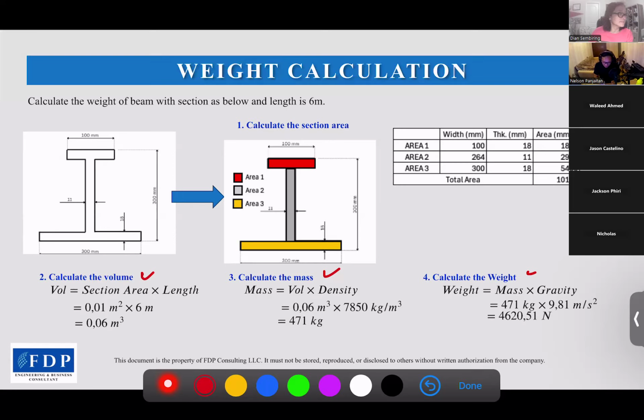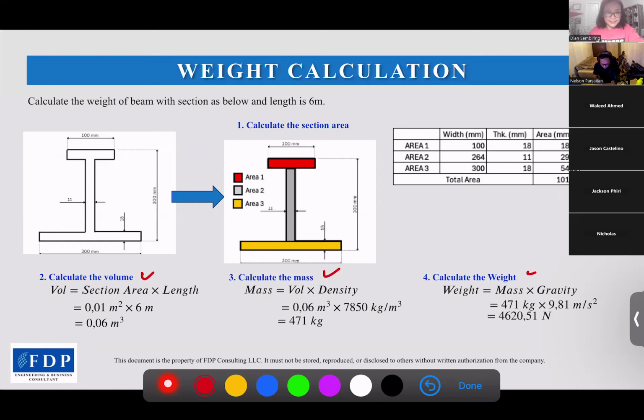So the red one is area 1, and the gray one is area 2, and the yellow one is area 3, just to make it simple to calculate. Once I have 3 areas here, then I can calculate the area per each section.